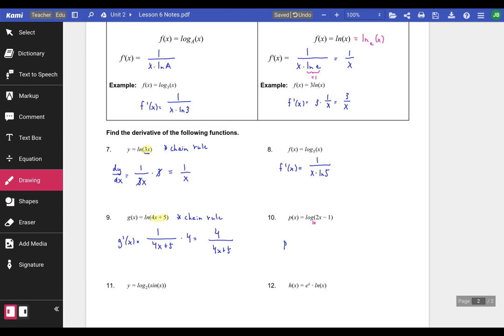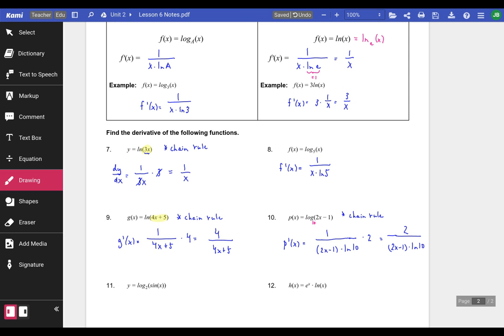So what we have here, p prime of x, well, my derivative for logarithmic function says take 1 over that stuff in parentheses, and then multiply by the natural log of the base, and then multiply by the derivative of the inside. Again, I should have noted here, this was chain rule. So the derivative of my inside is just 2. So I'm going to get 2 over 2x minus 1 times natural log of 10.